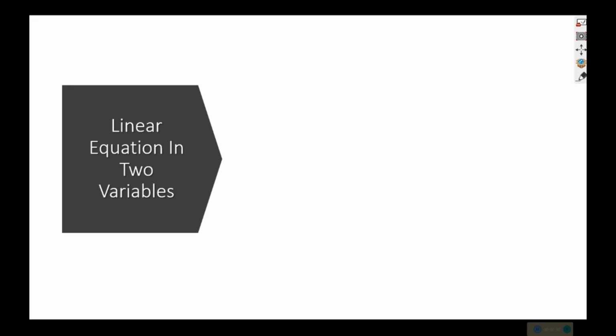As I told you in the last video, we are entering into the second part, where we will be dealing with word problems where we can apply this concept of linear equation in two variables.